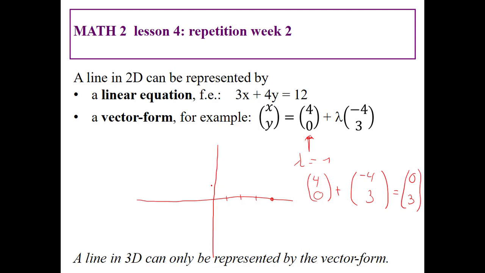Okay, so 0, 3 would give us this point. And again, we have a nice line going through the points. So whether you use the equation or the vector form, finding the line itself is just easy by finding two different points on this line.